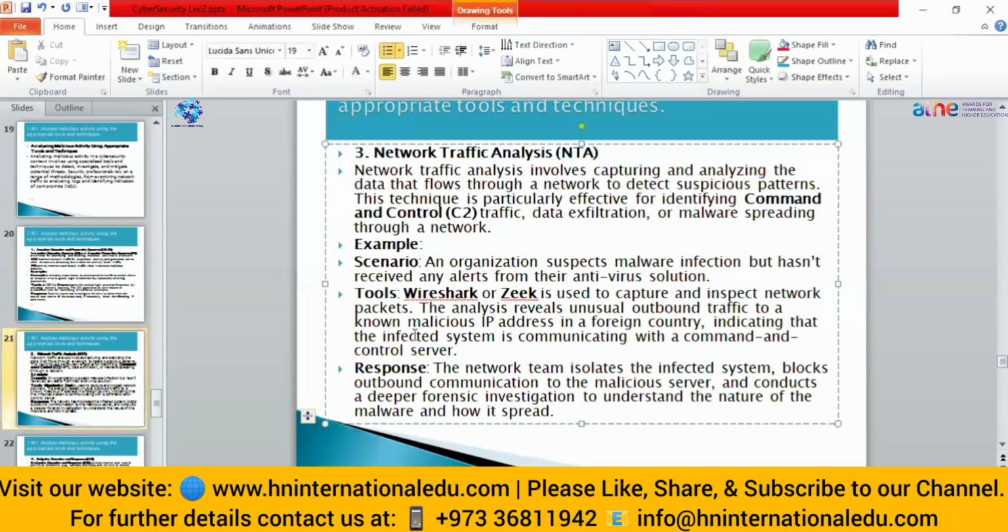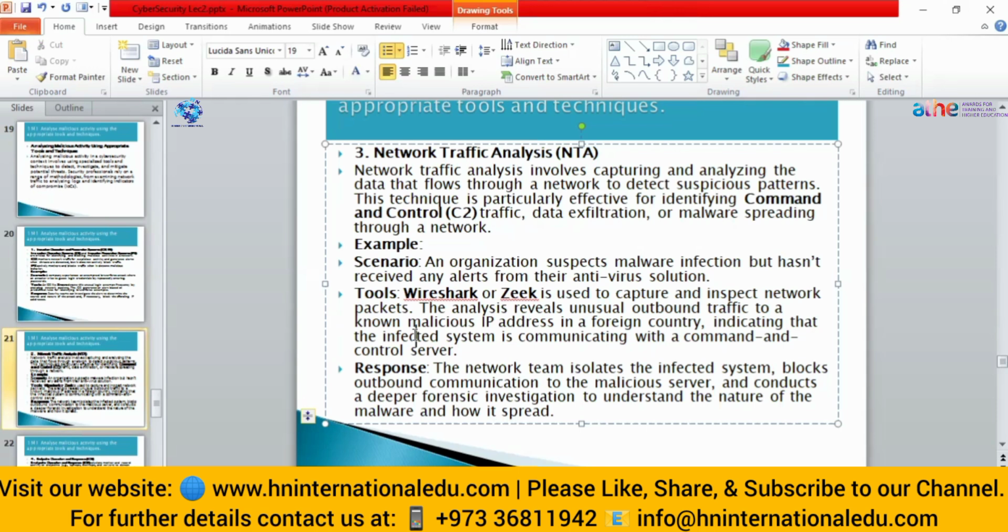The first one is network traffic analysis, like NTA. Here it will involve capturing and analyzing data on the networks. It will detect different suspicious patterns. This technique is effective for identifying command and control traffic.